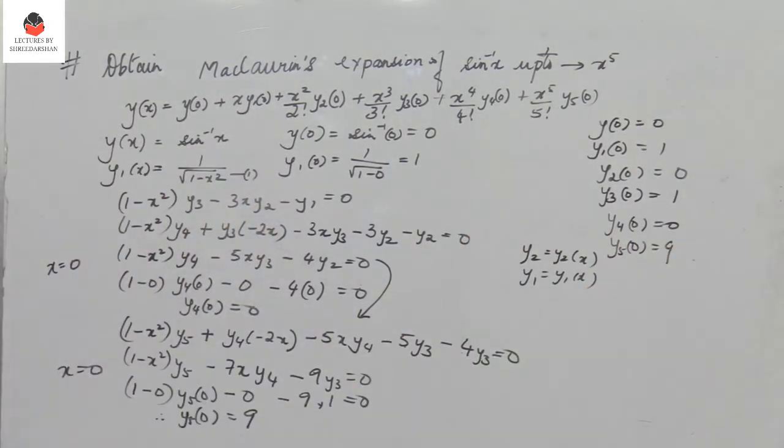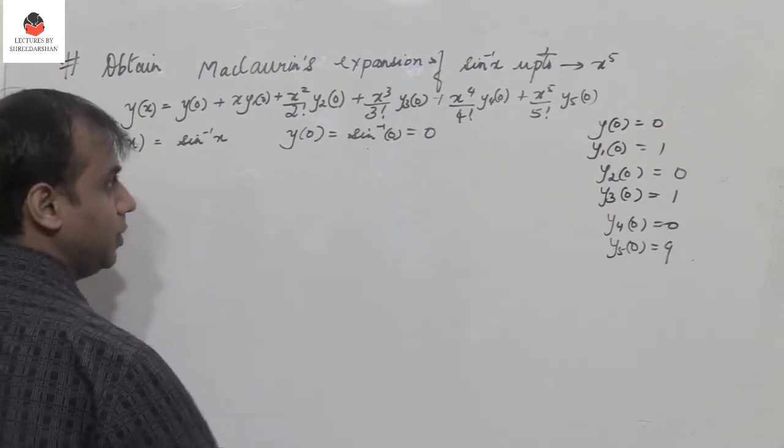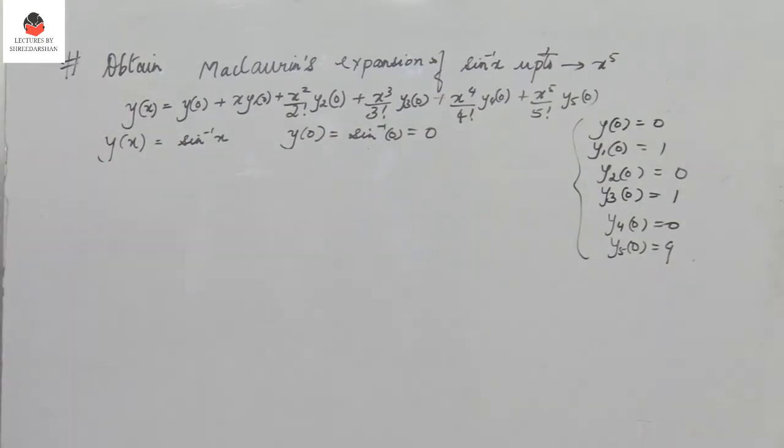So let us use all these values in this expression to get the Maclaurin's expansion of sine inverse x. It is very convenient if we write all these values separately so that we can substitute them in the expression and get the answer.